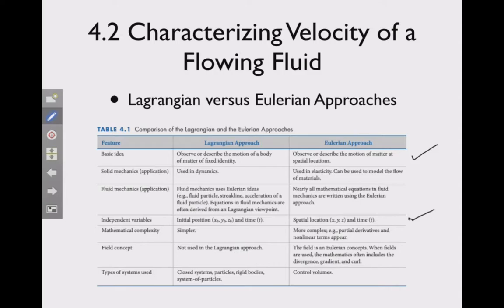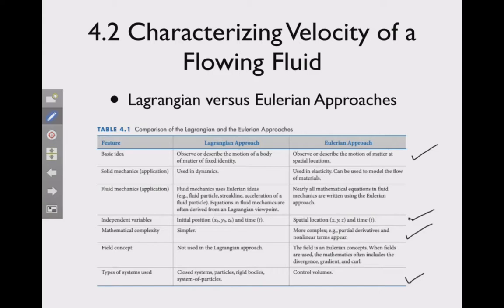It may be more simple to express the Lagrangian approach, but it tends to be harder to actually solve the problems that way. So in a lot of cases, when we deal with control volumes, we will tend to use the more complicated version because it ironically becomes easier to solve.